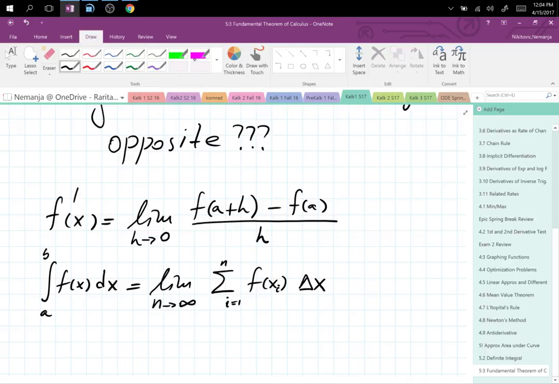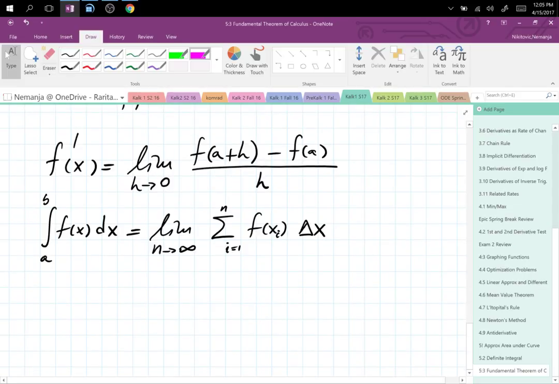Okay, 0 and infinity. What's the initialization term under the sigma? I equals 1. All right, so you said h goes to 0, n goes to infinity. Fine. Anything else?